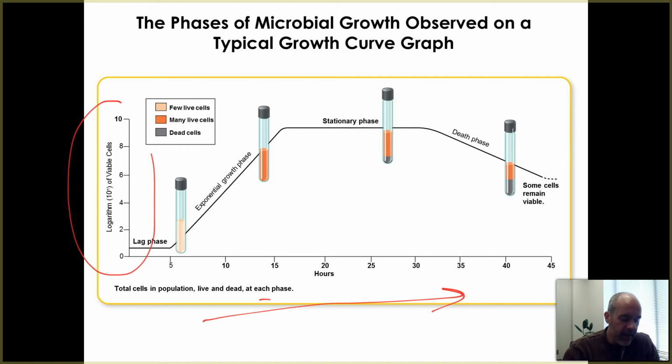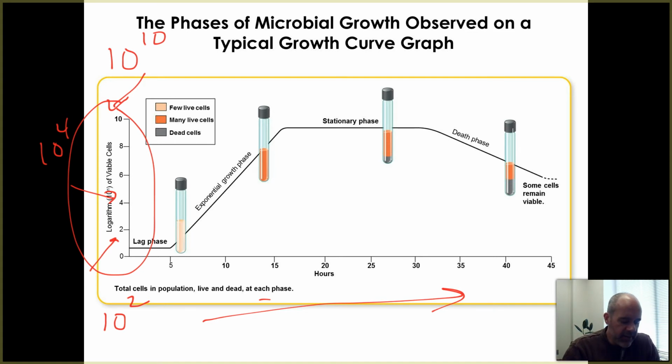Over here on the y-axis, this represents our population of bacterial cells. Notice on this graph, where it says 2, that means 10 to the second power. 4 means 10 to the fourth power. 10 up here means 10 to the 10th power, a 1 with 10 zeros on it. So we're looking at big increases in population on this graph.